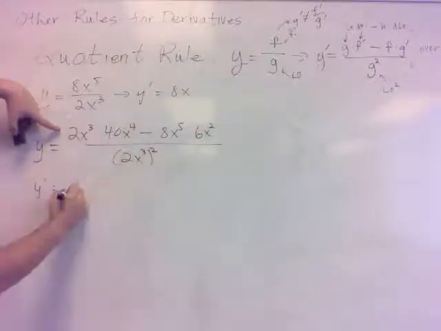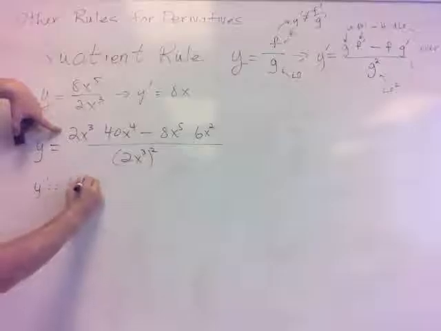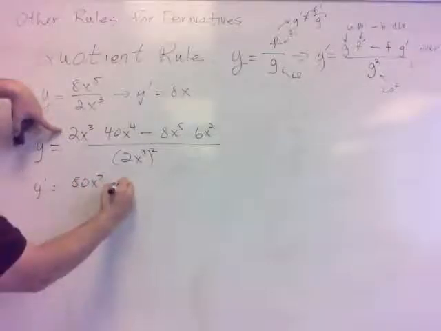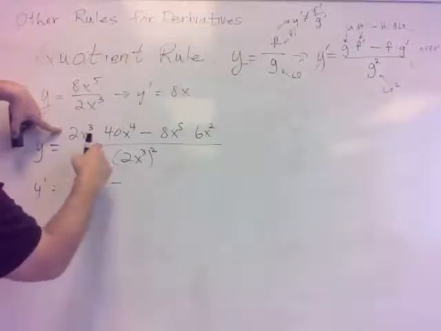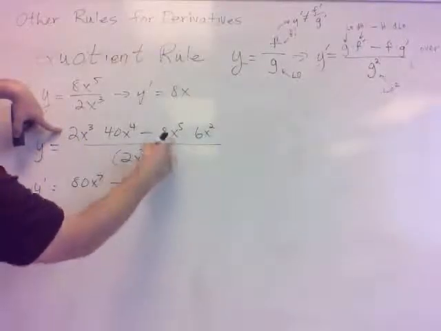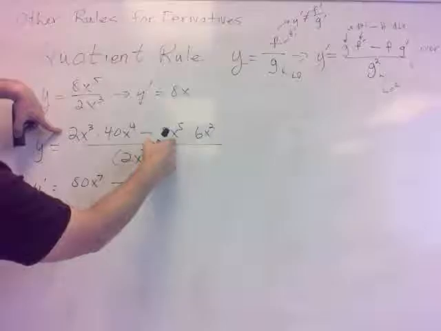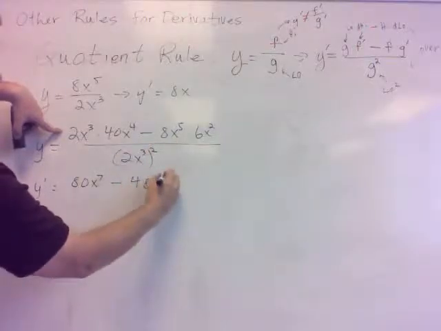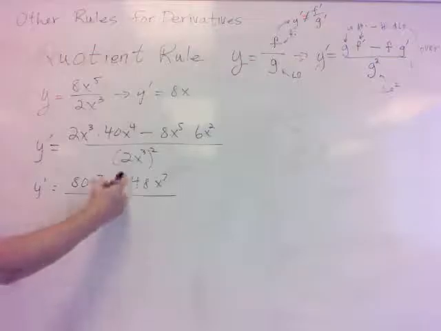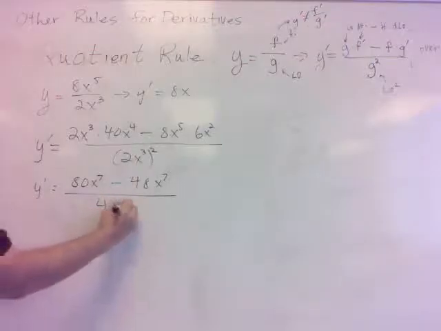And so that comes out being 80x to the seventh minus 48x to the seventh over, square that, you get 4x to the sixth.